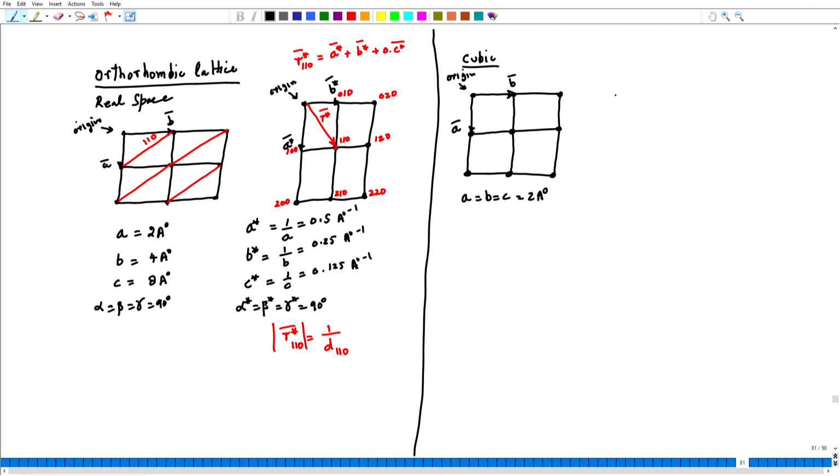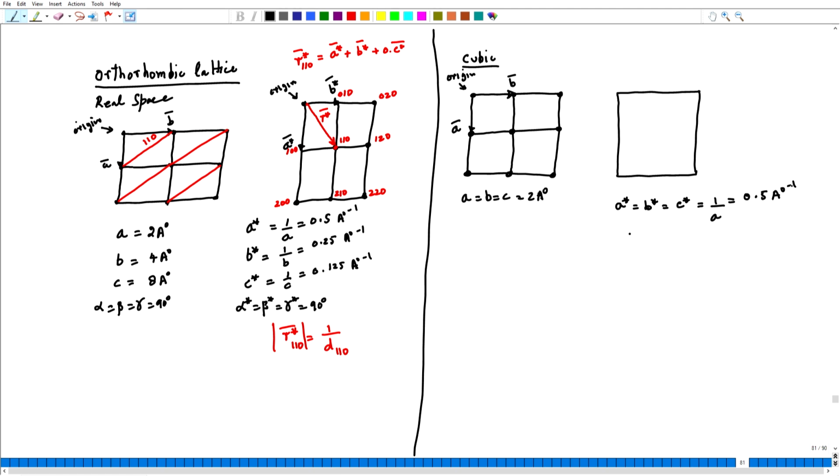Now, let me draw the reciprocal lattice as well. What is the magnitude of the reciprocal lattice vectors A star, B star, C star? They will all be equal, essentially 1 upon A, which gives me 0.5 angstrom inverse.